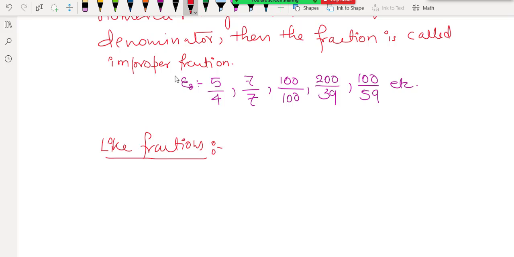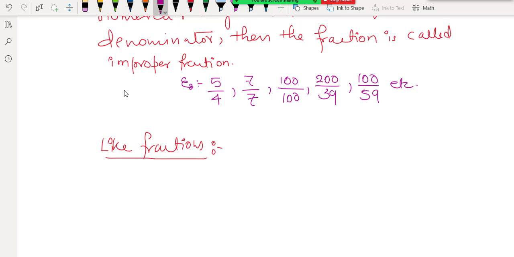That means we can define it. Can you tell me the definition of like fractions? Fractions with same denominators are known as like fractions. Very good. Fractions with same denominators are known as like fractions. Very good.